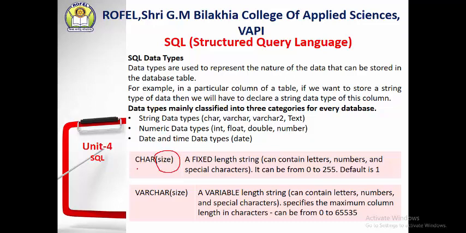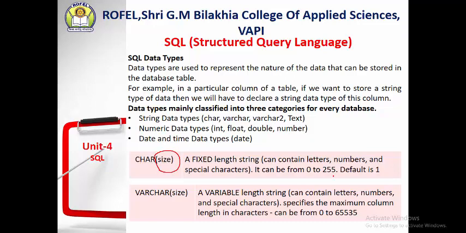Okay. Now, what is a character? Character is a fixed length string and it contains 0 to 255 characters. It allows alphabets, that means letters, numbers and special characters. But it is a fixed length and it contains only 0 to 255 characters. Now, varchar.